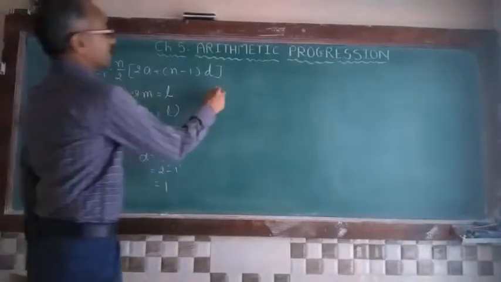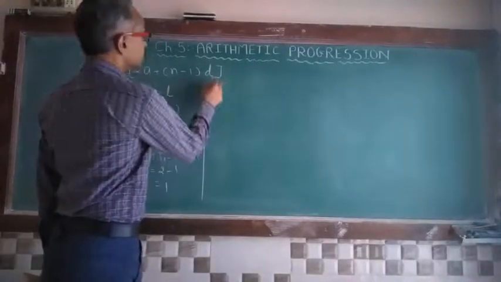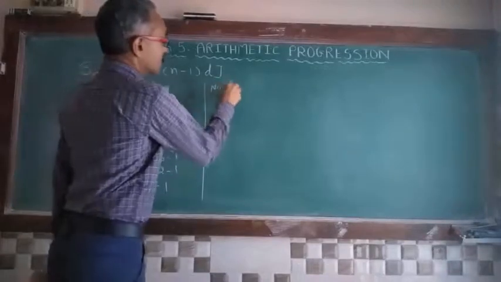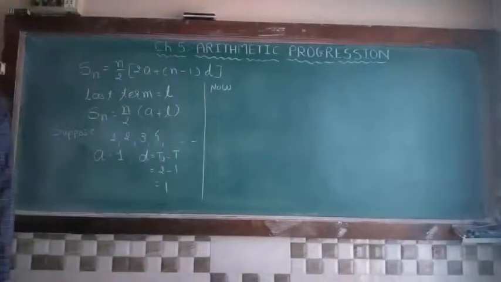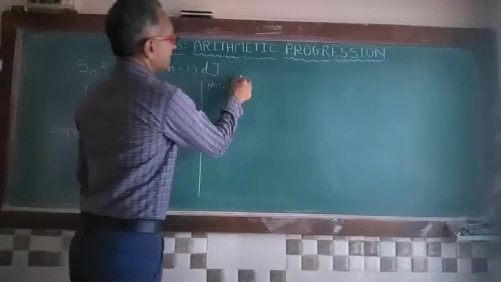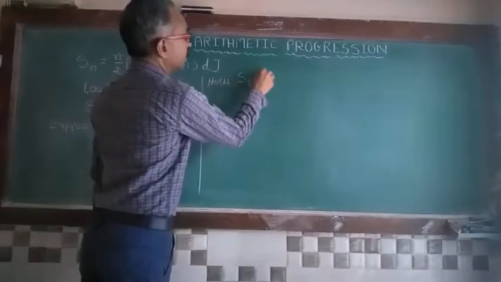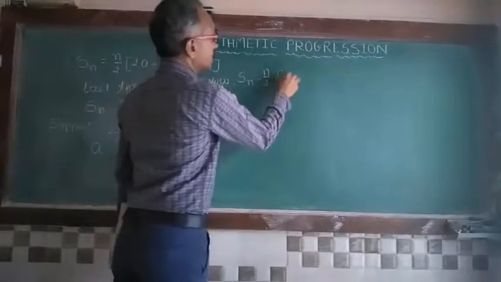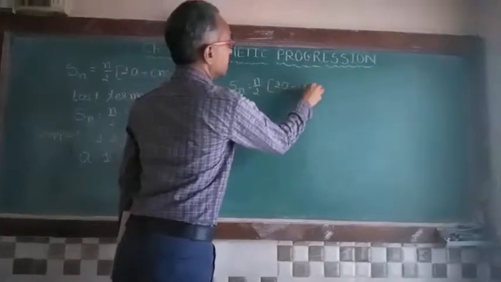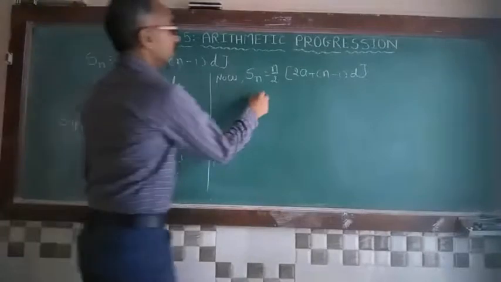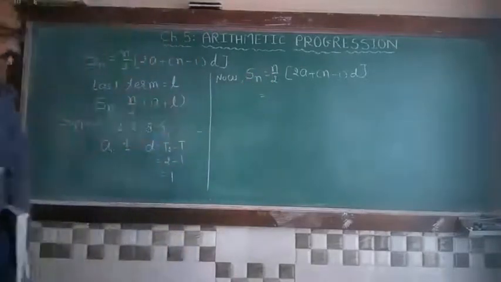Okay, now our formula is Sn is equal to n by 2 into twice a plus n minus 1 into d. Okay, here n, we don't know how many terms are there.